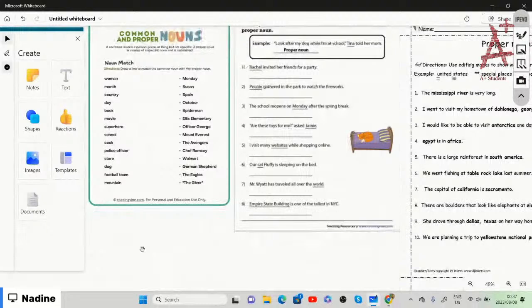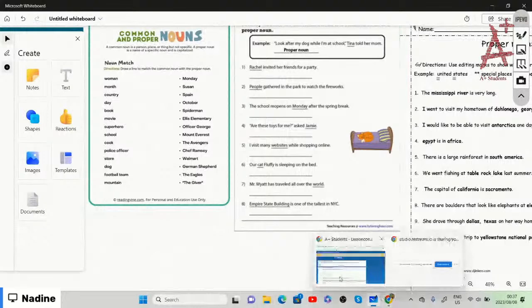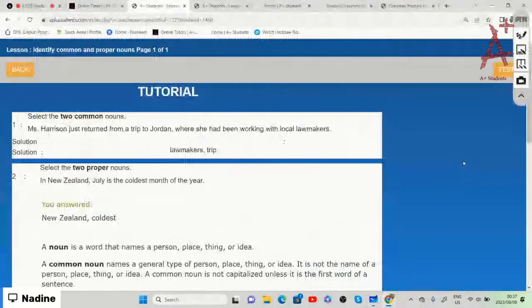We matched the common nouns on the left to the proper nouns on the right. All right. So that is now our activity. So we're going on to our test, right?